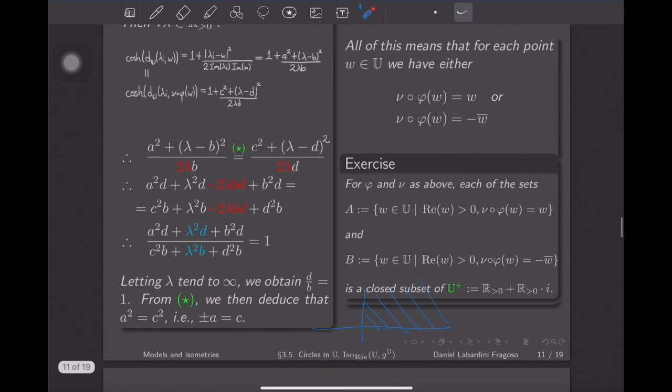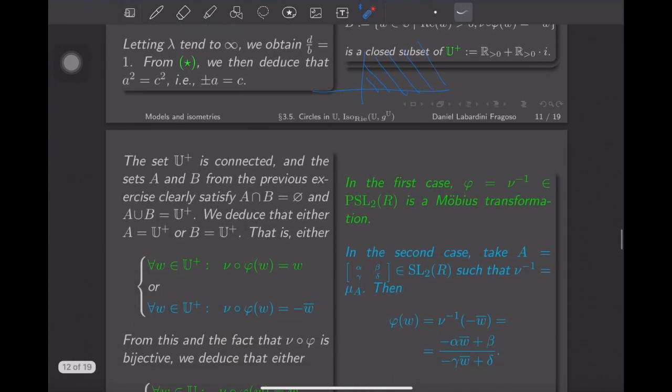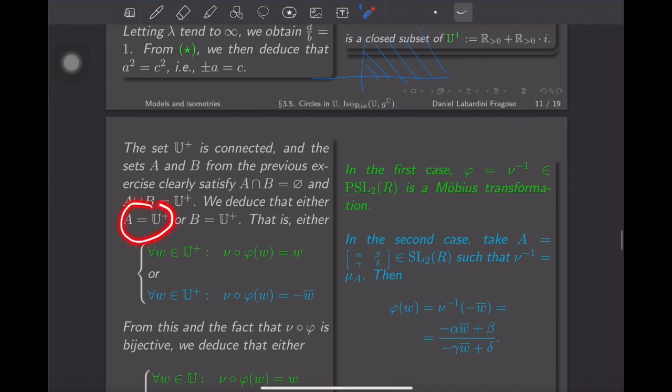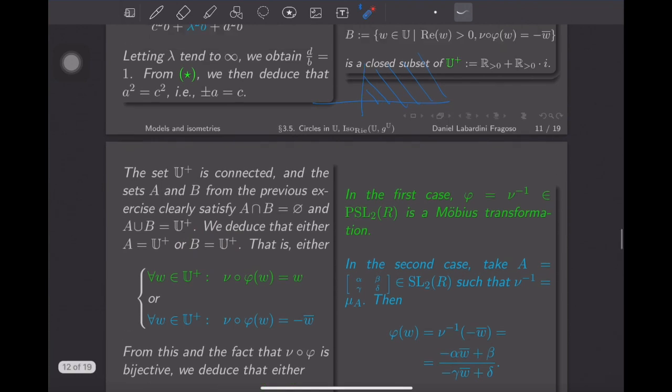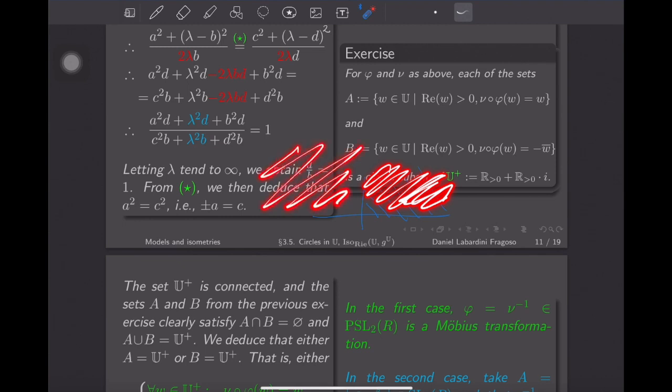So, exercise: each of these is closed. And U plus is connected. So one of them has to be empty, and the other one has to be the whole of U plus. Okay? So at least by connectedness I know that either everything here is fixed or everything here goes to the other side.